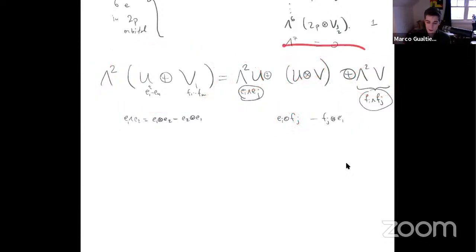Okay, but this decomposition is correct, and you can even count the dimensions. If this has dimension n and this has dimension m, this would be n choose 2, this would be m choose 2, and this would be m times n. And it turns out that m plus n choose 2 is actually the sum of these three.